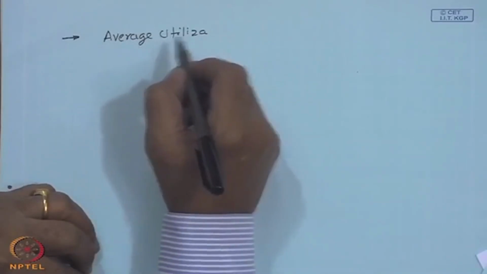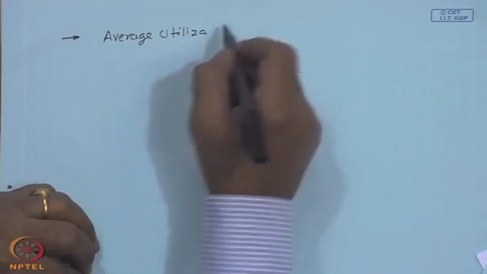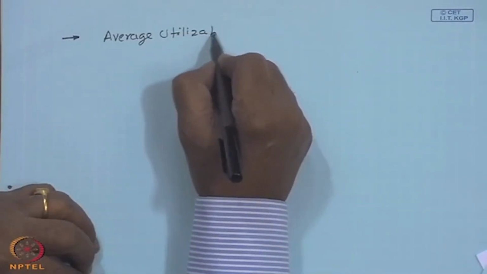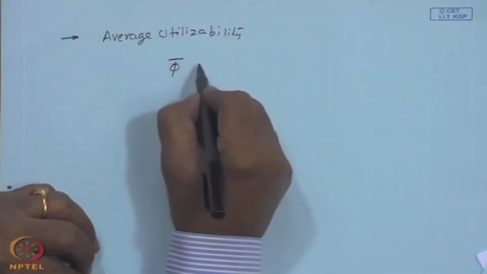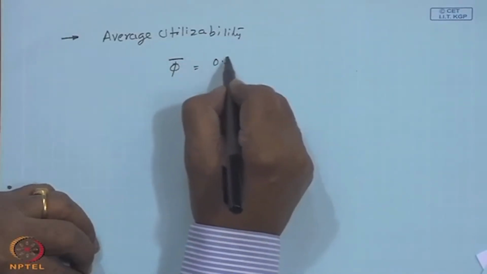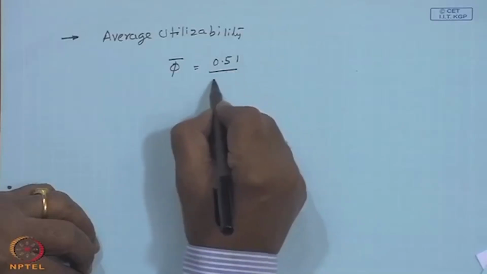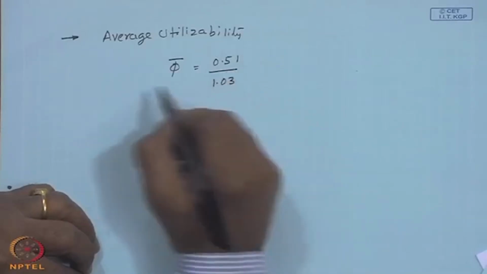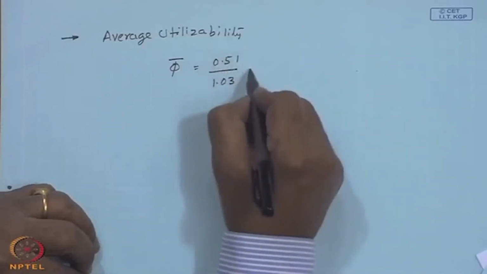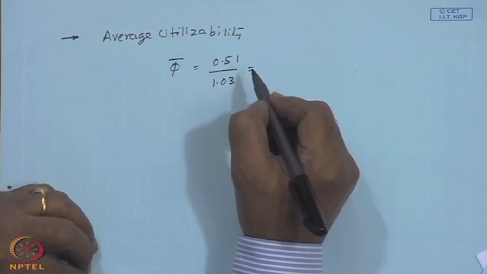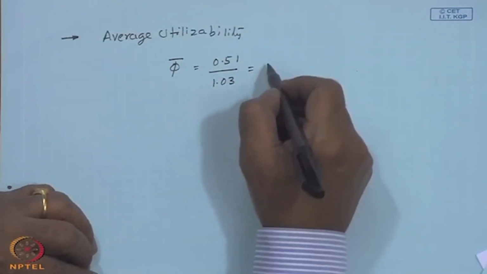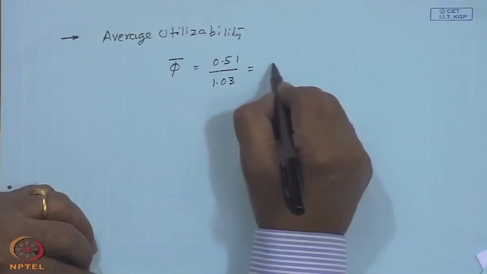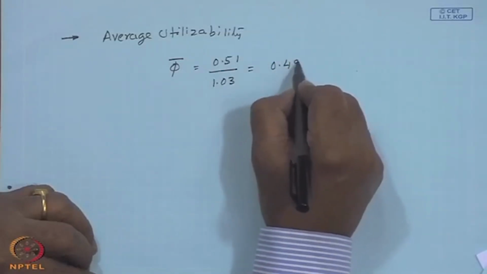So, utilizability corresponding to this average utilizability, which we just call phi bar, is that 0.51 by 1.03 F T L by y. That is right, y is 1.03. Yeah. So, this will be equal to 0.49.